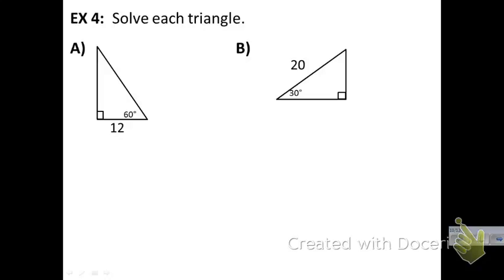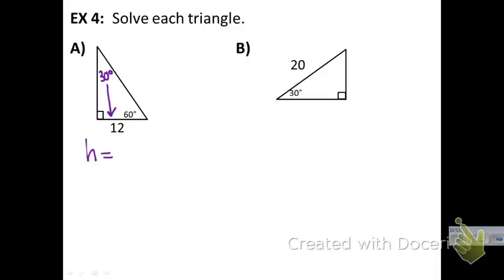So, again, we're going to look at your triangle and decide what you have. We do have a 60-degree angle, so that makes this one 30 because those acute angles are complementary. From here, what side do we have? We have 12. It's opposite the 30, which makes it the smallest side because it's opposite the smallest angle. So I'm going to call it the shortest side. We need the hypotenuse.